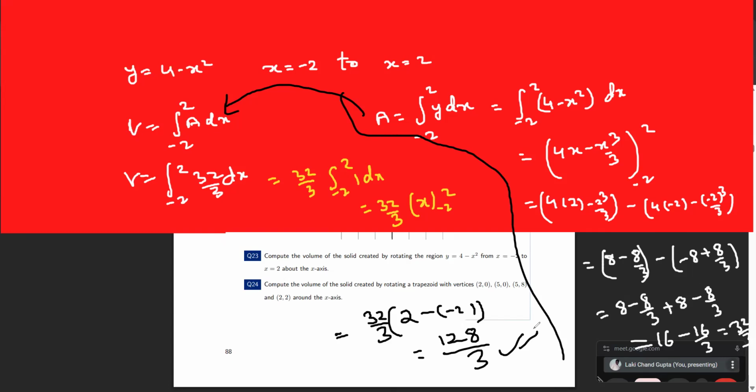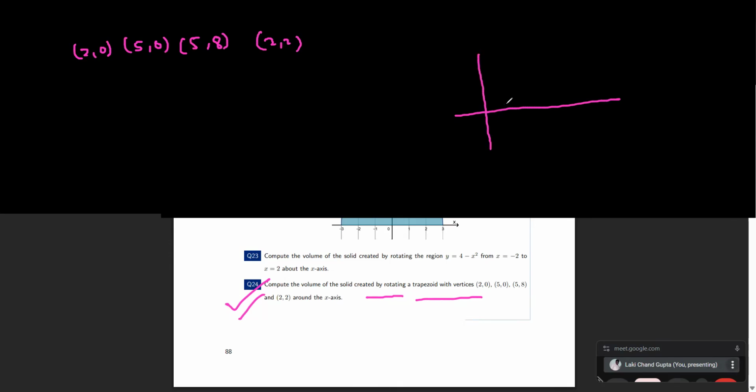Okay. See this question. Compute the volume of the solid created by rotating a trapezoid with coordinates (2, 0), (5, 0), (5, 8), (2, 2). 1, 2, 3, 4, 5. 1, 2, 3, 4, 5, 6, 7, 8.